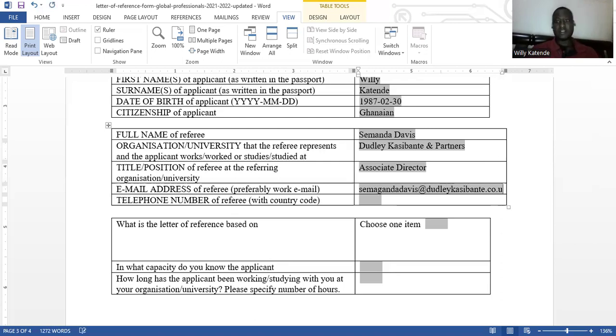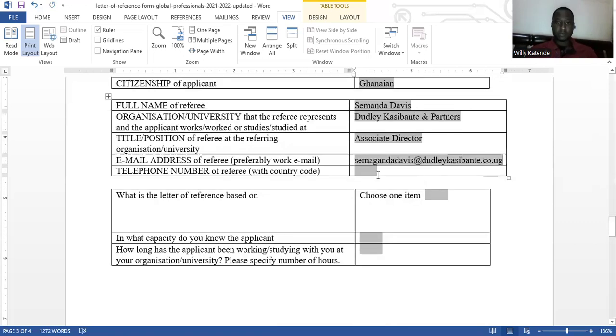It depends on where you're working. This is just an example. But in any case, if your referee does not have a work email address, they can always use their personal email address.